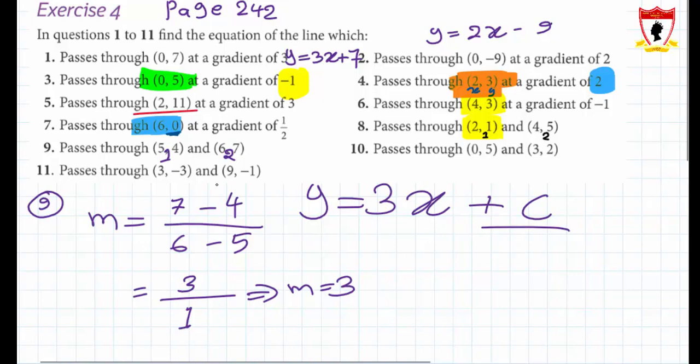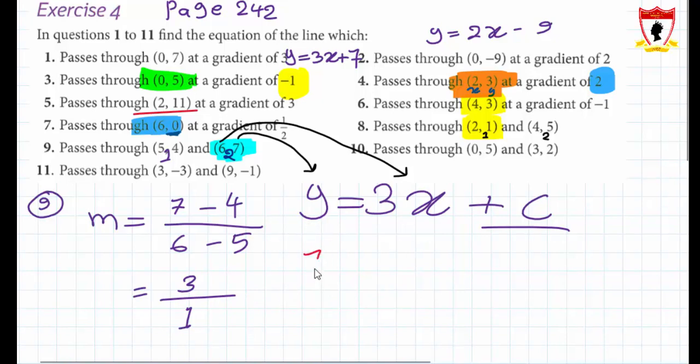c is missing. Let's use any of these 2 points. Let's use this one to find the value of c. How can we use this point? We use this point by writing 7 in place of y and 6 in place of x. That's how we substitute a point in an equation.